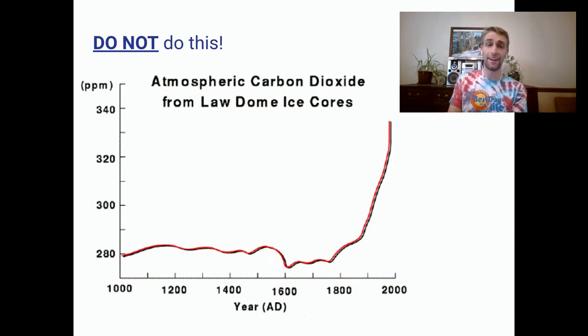And the problem with that is if you're reading this graph, it kind of looks like from 1000 to 1800 that the carbon dioxide levels are pretty close to 0 because they're pretty close to the bottom of the graph. That's not true. They're actually pretty close to 280 parts per million. So that's another thing: for this class, anytime you make a graph, make sure that the axes go all the way to 0.